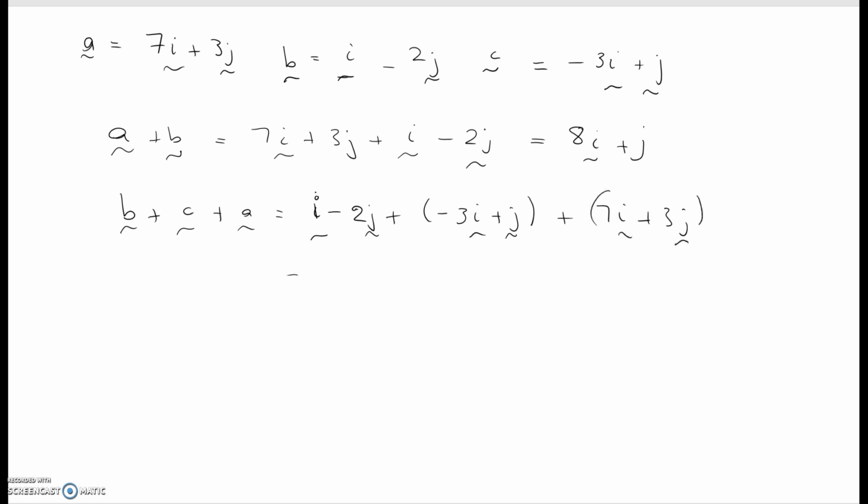And if we collect all those, we would have 5i plus 2j. So we can use this idea of Cartesian coordinates to add and subtract. Previously, in the previous video, we had to use the drawings of them. We can also multiply by a scalar.